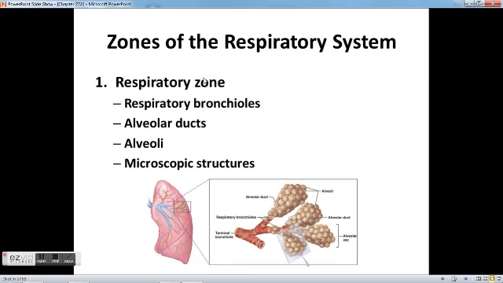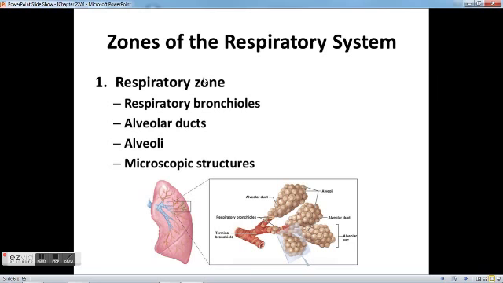So let's talk about the zones. We can really divvy the respiratory system up into a couple of different sections. The first one is the respiratory zone. These are the really, really teensy tiny microscopic structures that are involved in your respiratory system. This is where gas exchange is actually going to be occurring. Now, the largest structures in the respiratory zone are these respiratory bronchioles.